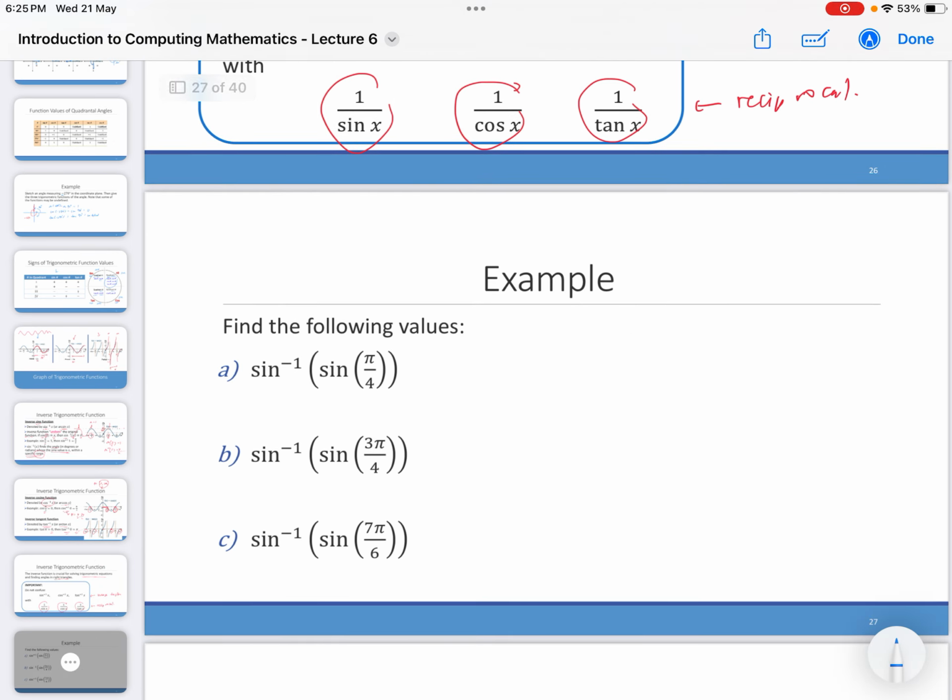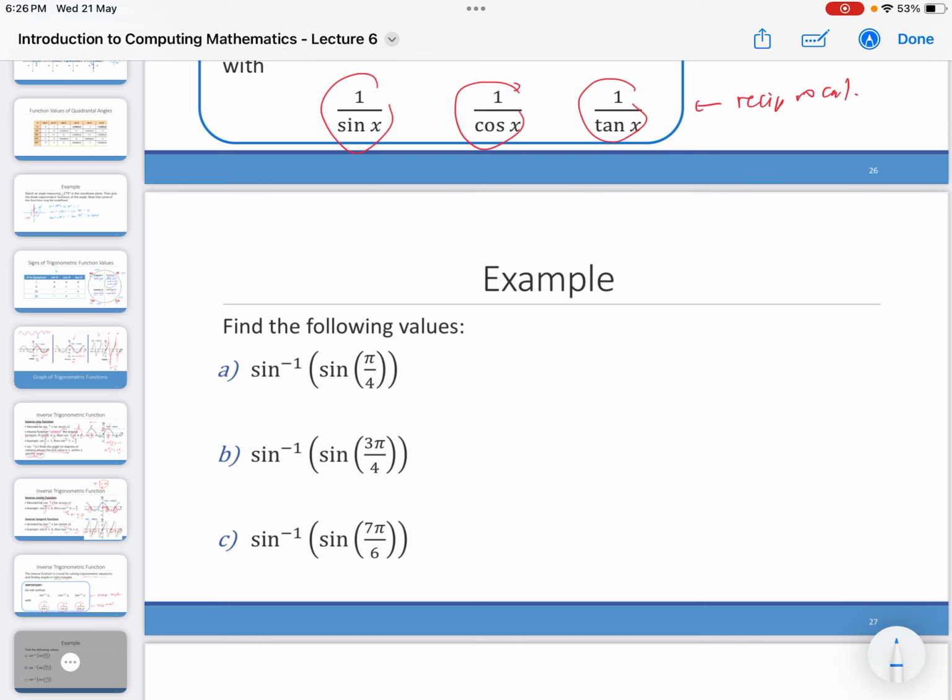Okay, let's look at an example. Find the following values.